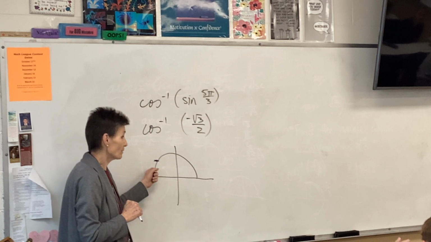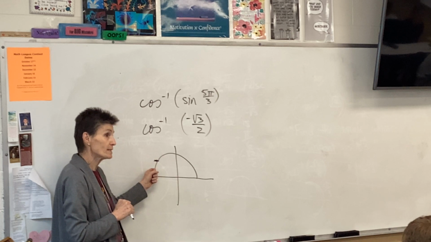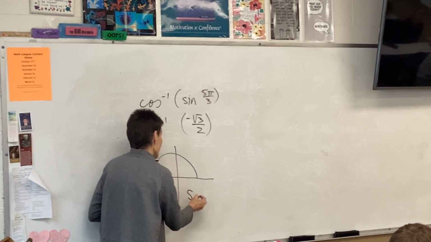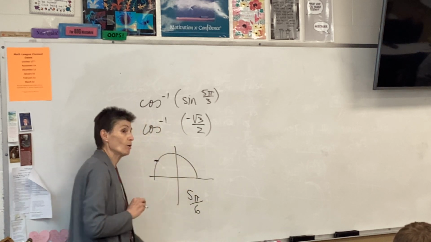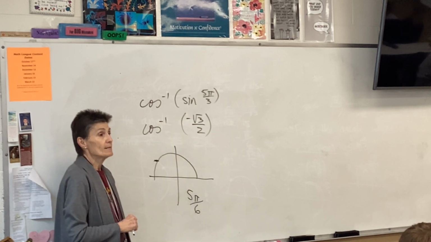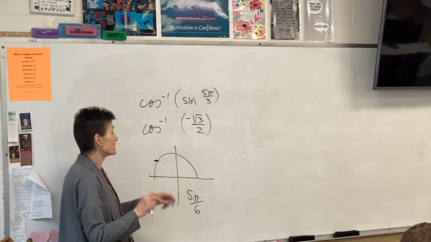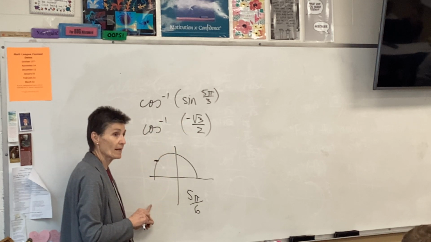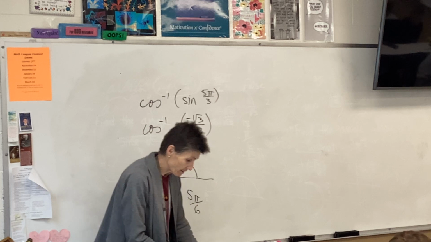And if you're in quadrant 2, pi over 6, that would be 5 pi over 6. Did anybody get that all by yourself? Yes, good. Now, if you didn't get it, do you follow the steps we just took to figure that out? All right, number 4.